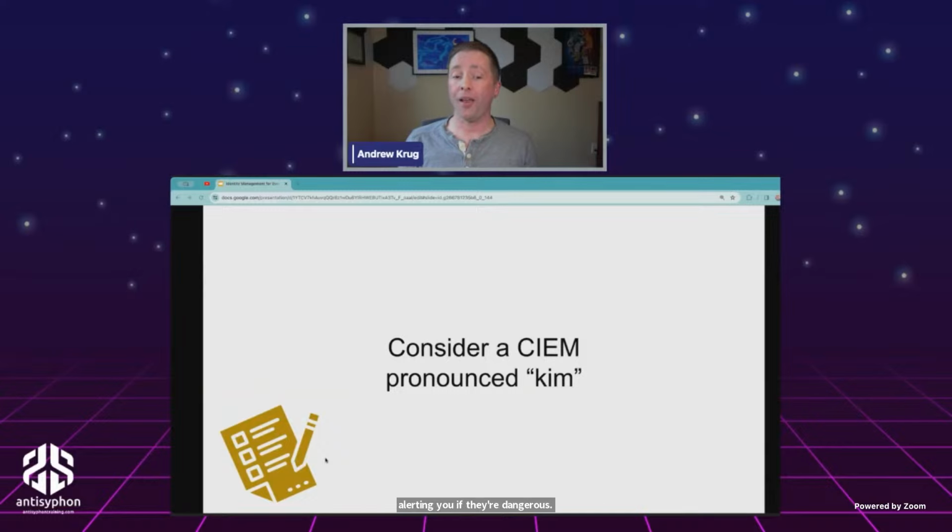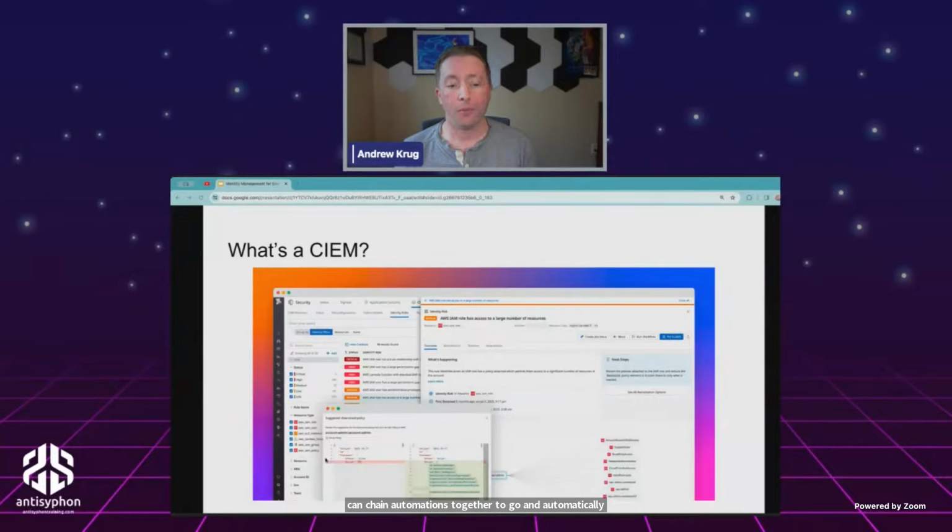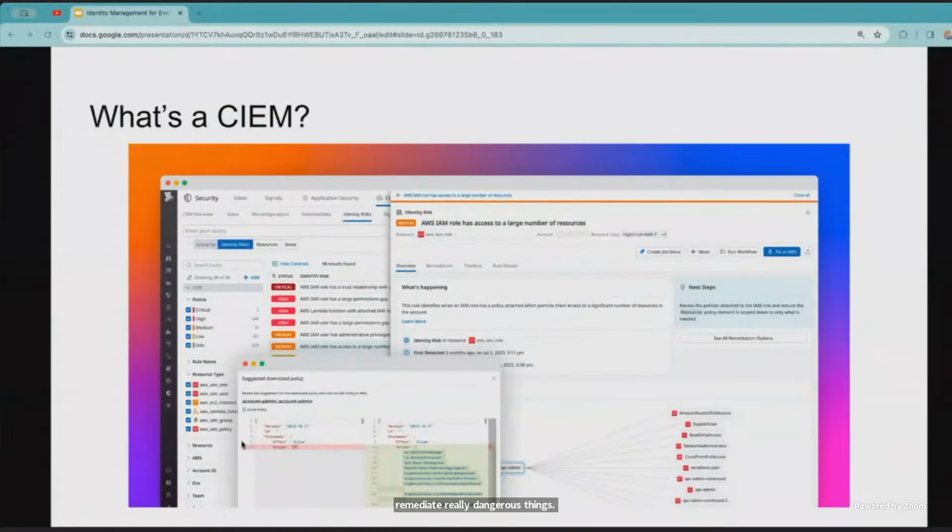CIEMs also often have workflows where you can chain automations together to automatically remediate really dangerous things. So if you haven't looked at CIEMs, there are a number of them out there. We actually recently released one at Datadog that I think is pretty cool. But again, this is one of those spaces where a vendor product might fill a gap that's not filled by the cloud provider.